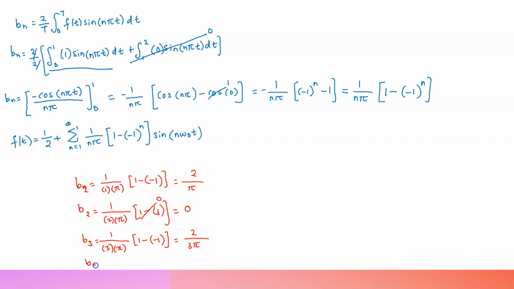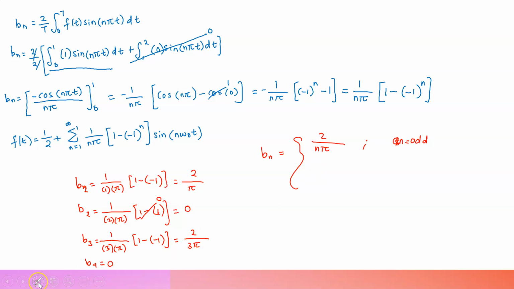Now if you calculate b4, it will be 0 again. So actually bn, by definition, is equal to 2 over n pi when n is odd.